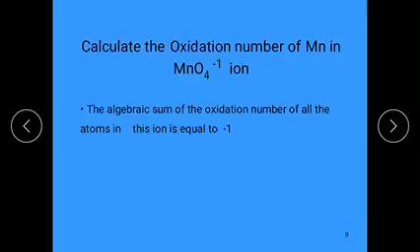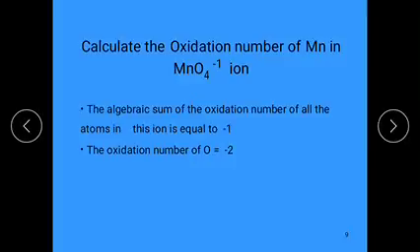That is, here the algebraic sum of the oxidation number of all the atoms in MnO4 minus ion is equal to minus 1.